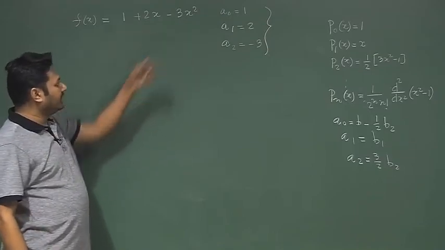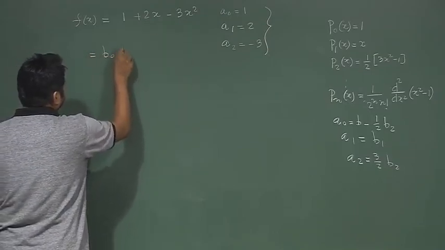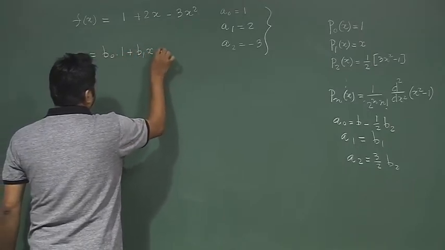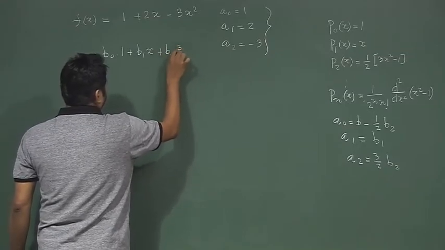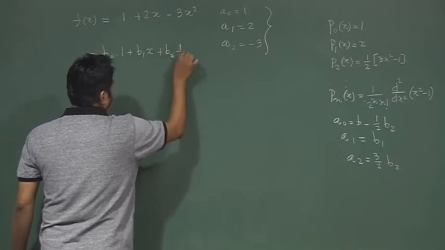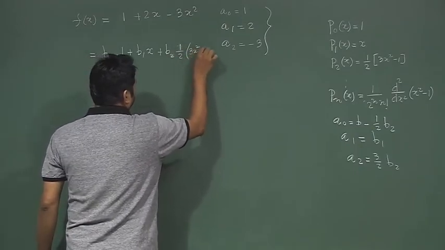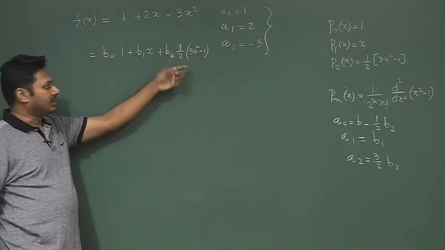If these values are given, then I would like to write it as b0 into 1 plus b1 into x plus b2 into half 3x square minus 1. I can write it in terms of my Legendre polynomials.